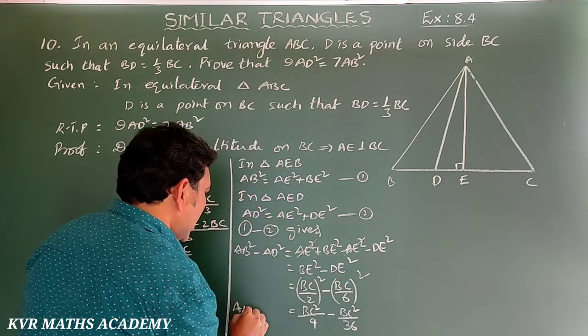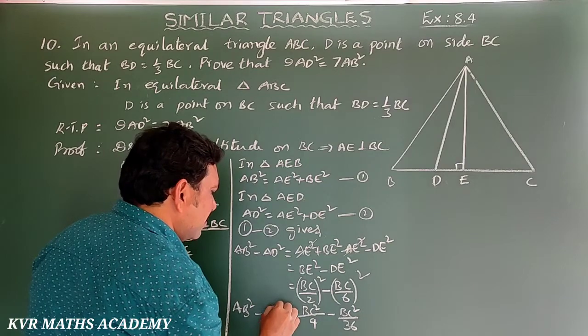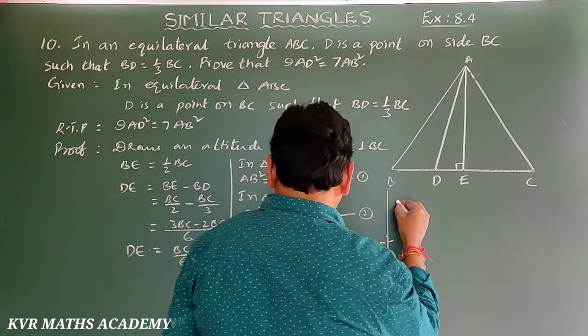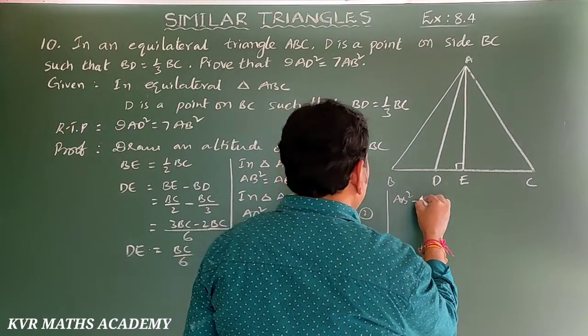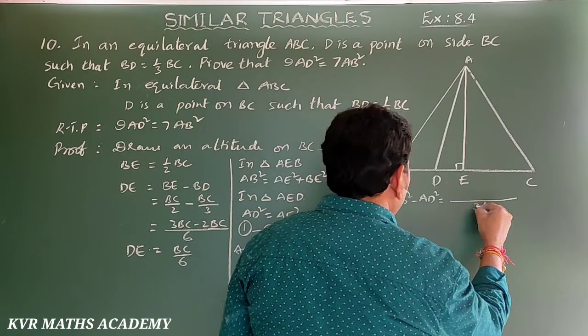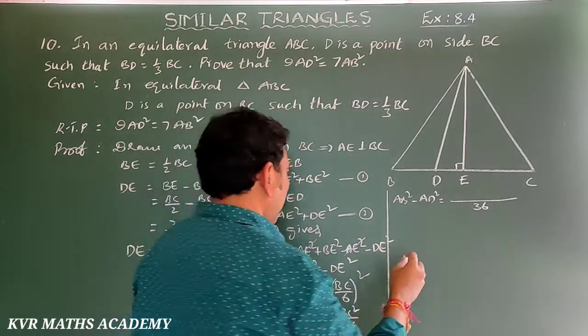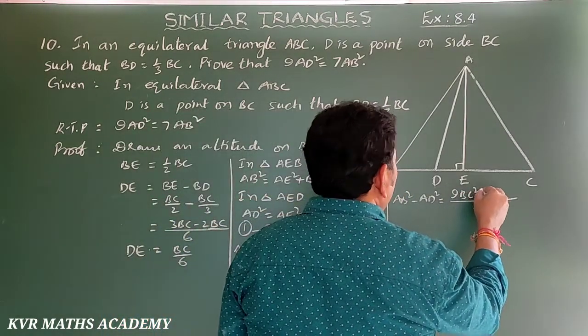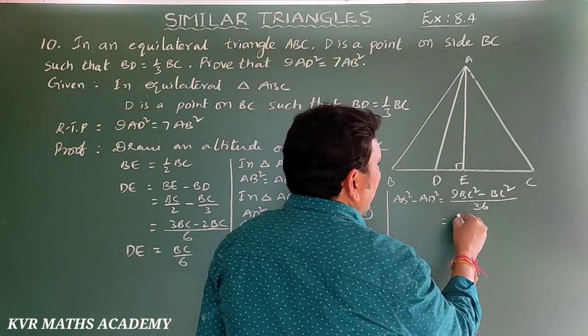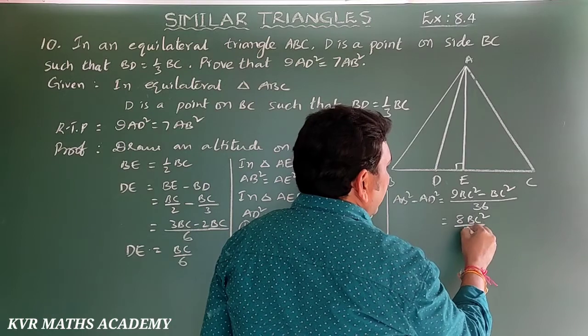AB square minus AD square is equal to, LCM is 36, 4 in 36, 9 times: 9BC square minus BC square, so that is equal to 8BC square by 36.